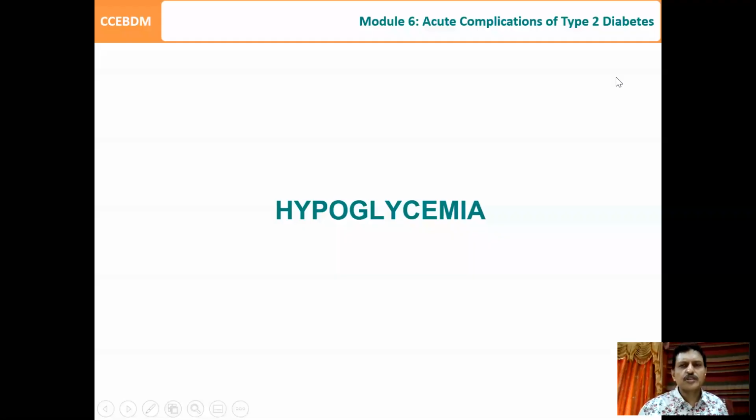All the patients who suffer from type 2 diabetes mellitus are prone to develop hypoglycemia, because we treat our patients with anti-hyperglycemic medication, and therefore sometimes they develop hypoglycemia.